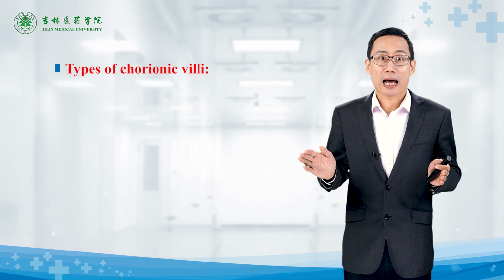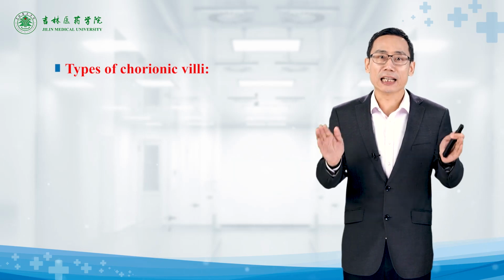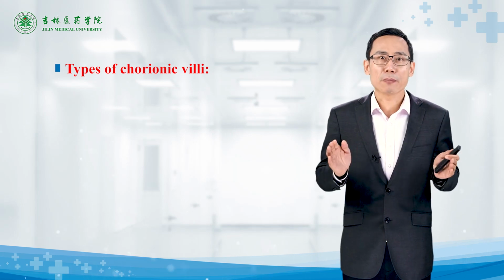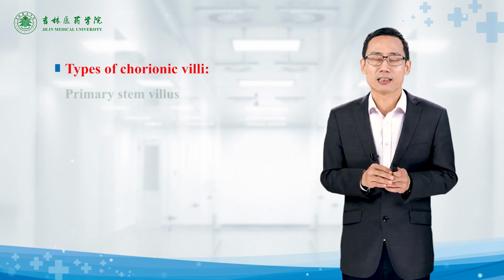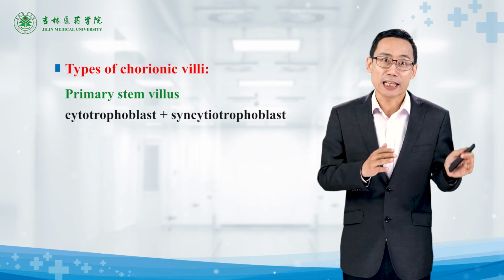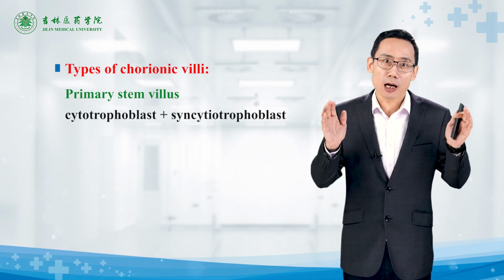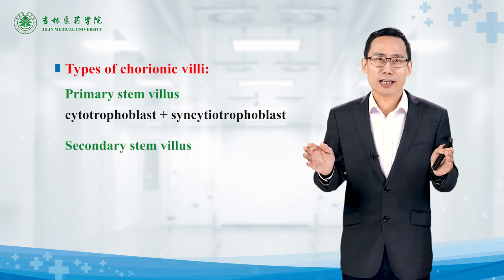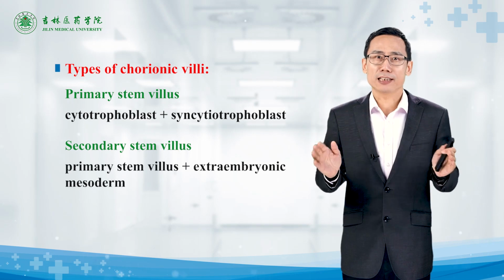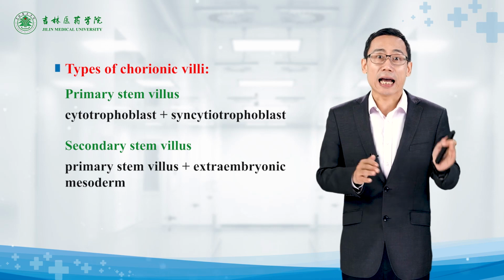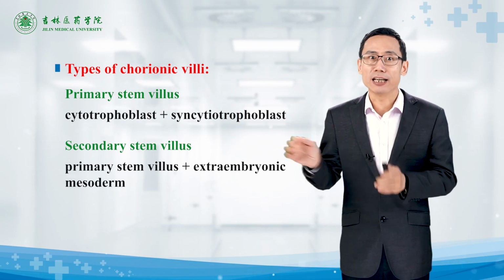The cytotrophoblast proliferated locally and extended into the syncytiotrophoblast, forming many villus processes. In this way, the outer syncytiotrophoblast and the inner cytotrophoblast form the primary stem villus. At the third week, the extraembryonic mesoderm extended into the stem villus, which was renamed as the secondary stem villus.